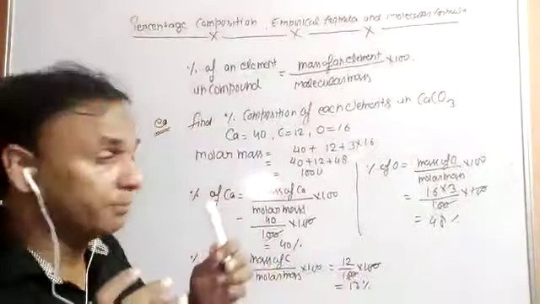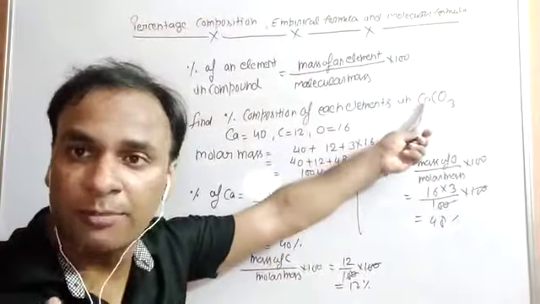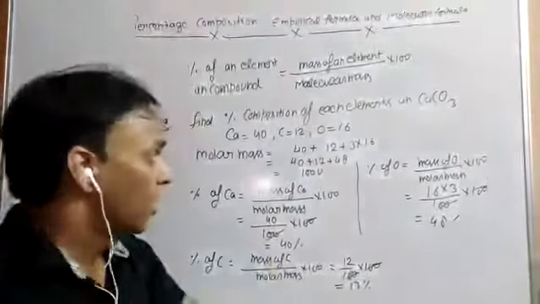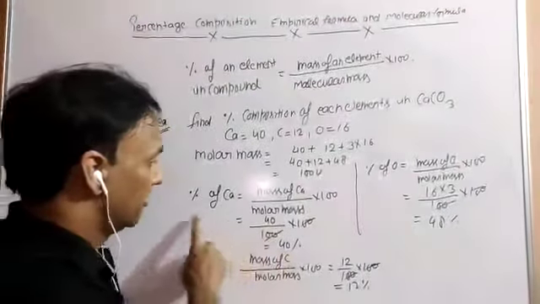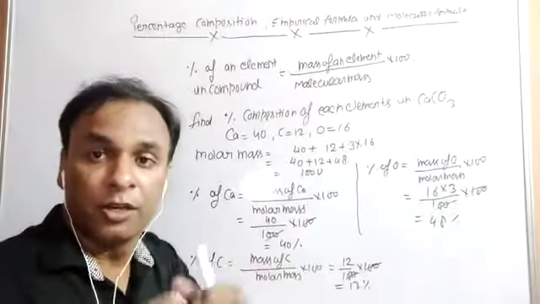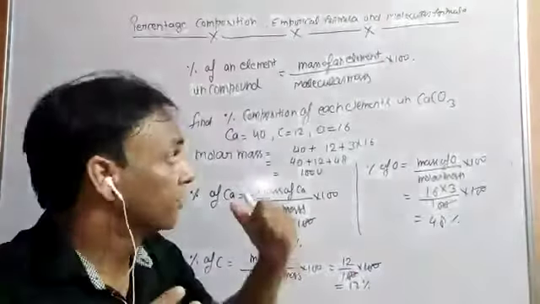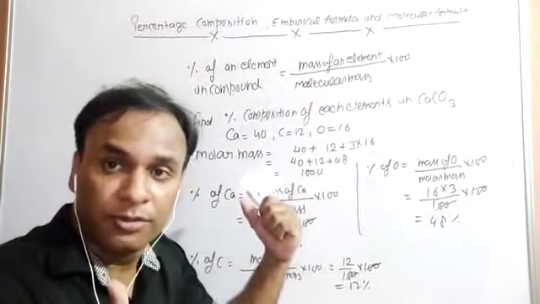Calcium carbonate has one calcium atom, one carbon atom and 3 oxygen atoms. When we add calcium 40%, carbon 12% and oxygen 48%, the sum is always 100. This is the verification of the elements in a compound. Clear?